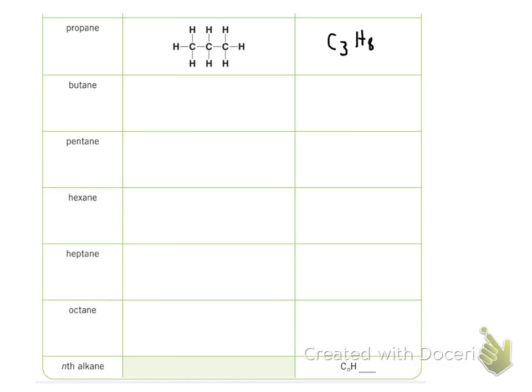Will there be 4 C's? There's going to be 4 C's. And put all your H's in like they did. Why don't we add 2 more H's? So what do you end up with for the formula?